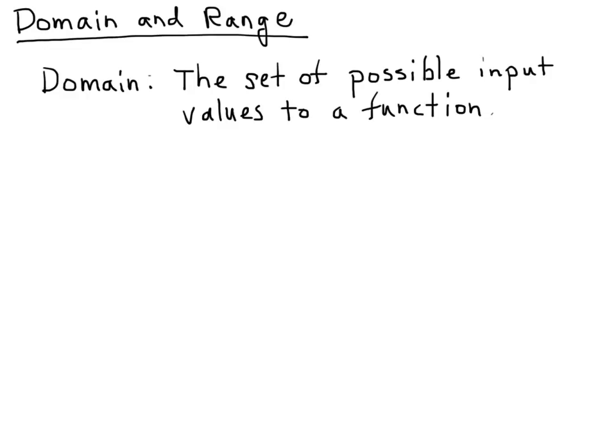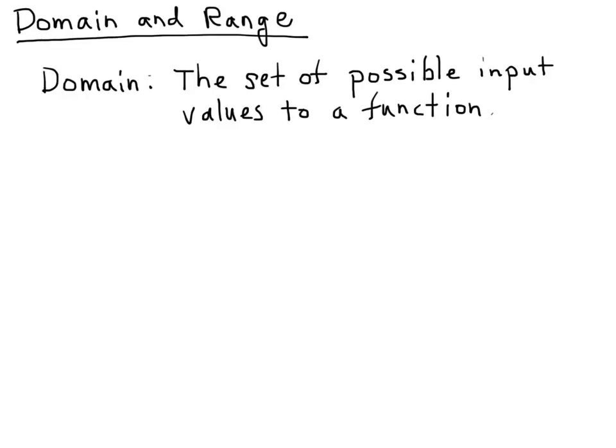All right, so the next thing we need to talk about in our discussion of functions is domain and range. Now, the domain and range, in the sense that we use them for a function, is not really part of our normal everyday speech. So you have to kind of keep in mind what these words mean.